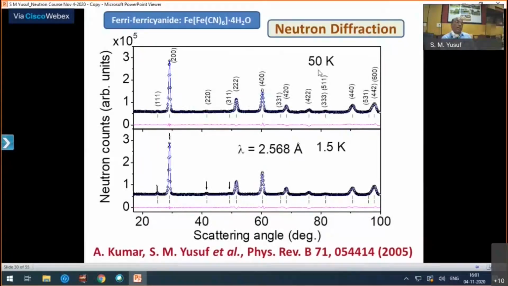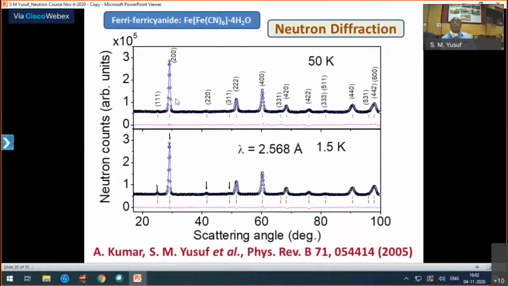If you do that at a temperature, let us say 50 K, you get this kind of Bragg peaks; the hkl peaks are shown here. But if you lower the temperature, let us say to 1.5 Kelvin, you see the intensity is increasing at the same positions where you have the Bragg peaks. So you do not get any additional magnetic Bragg peak, but you get additional intensity when you lower the temperature.